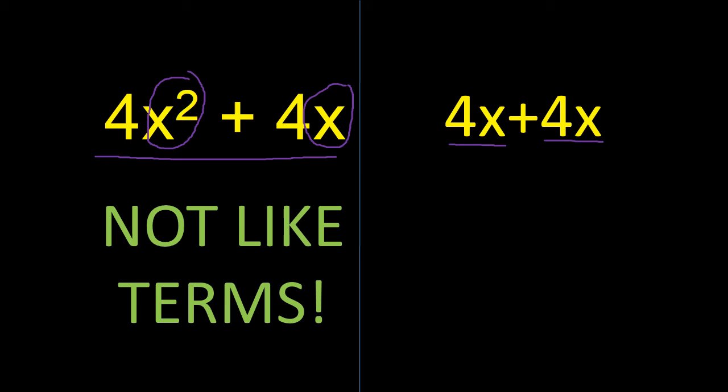They have the same variable. We have x in this term, and we have x in this term, which means these two can be combined together into 8x. We're adding the numbers, but we're not doing anything with the variables. 4 plus 4 is 8, and x stays the same.